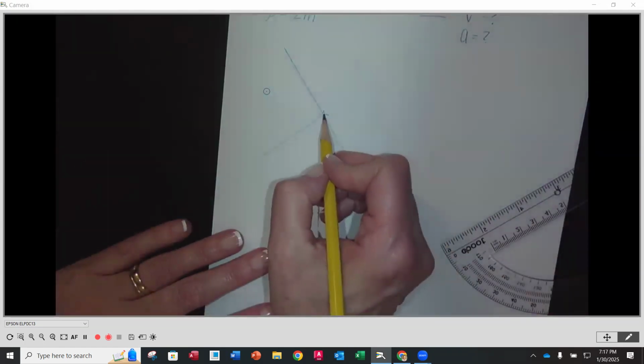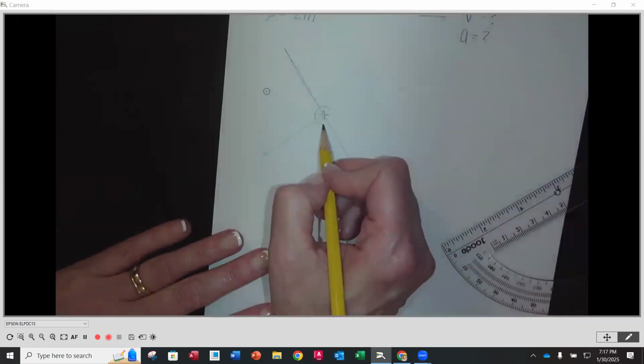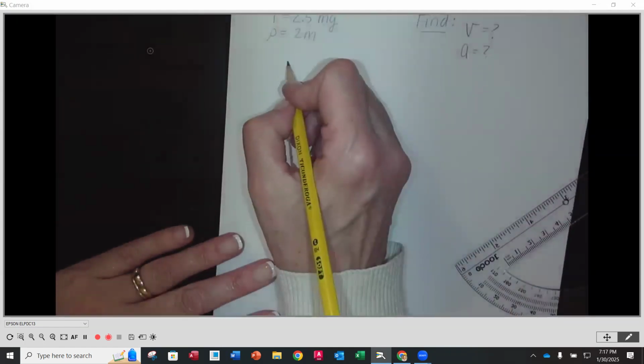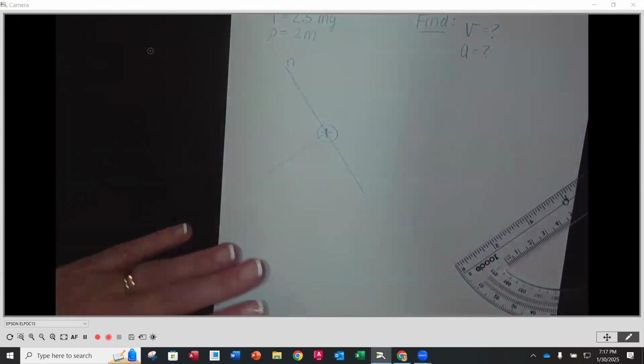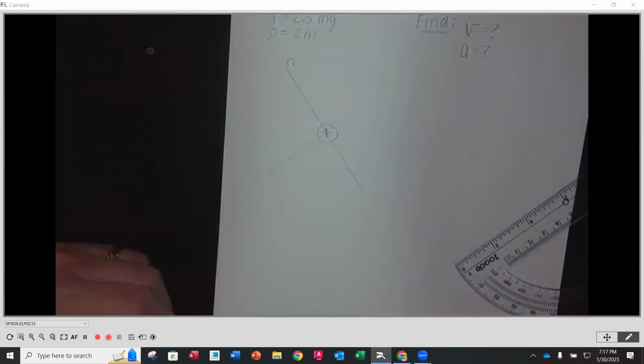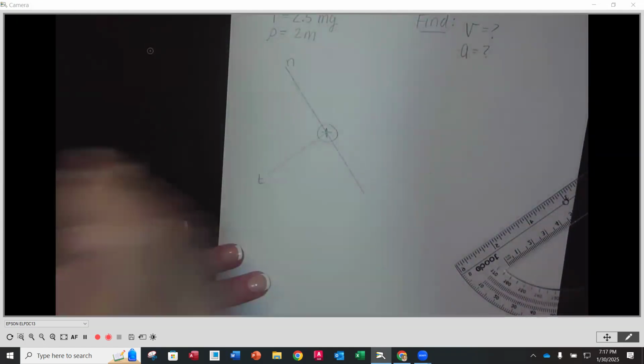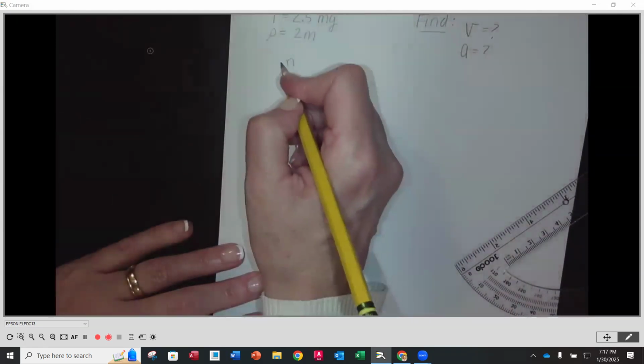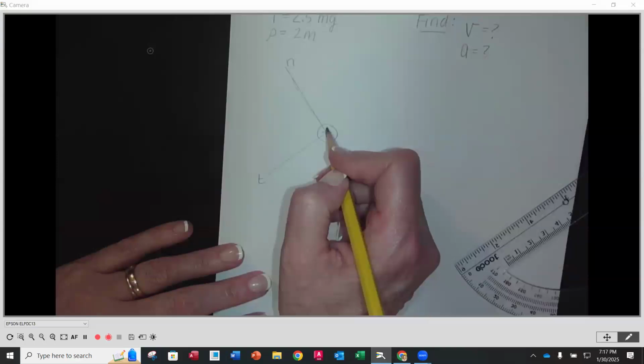So this is the center of my bob. Draw a circle around it. This is what we're going to call the N axis, and this is going to be the T, the normal and tangential axes, okay? Now, this is the string going up to that center of rotation, and this is the bob.